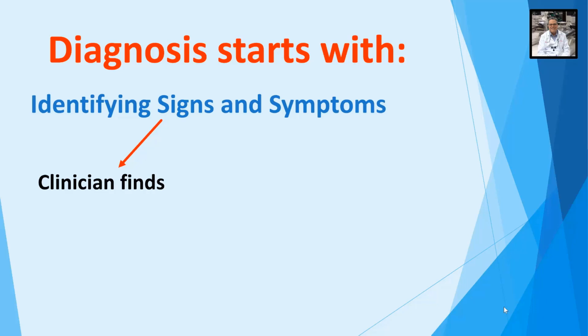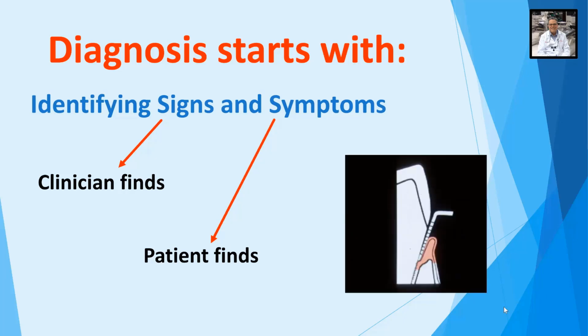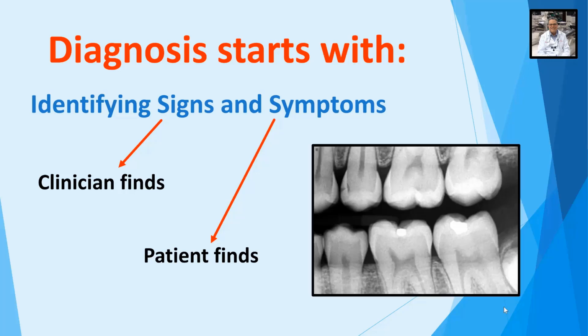Of course, you remember that signs are what clinicians find, symptoms are what the patient finds, and you've studied a lot so far about periodontal disease, and you know that you're to take a periodontal probe, put it in the pocket, and touch, and if you see any hemorrhaging upon light probing, that could be a sign of inflammation, or maybe you see a lot of plaque, or maybe you see the depth of the pocket deepening, and so you've been taught how to identify the signs of periodontal disease, or cavities, for example, caries.